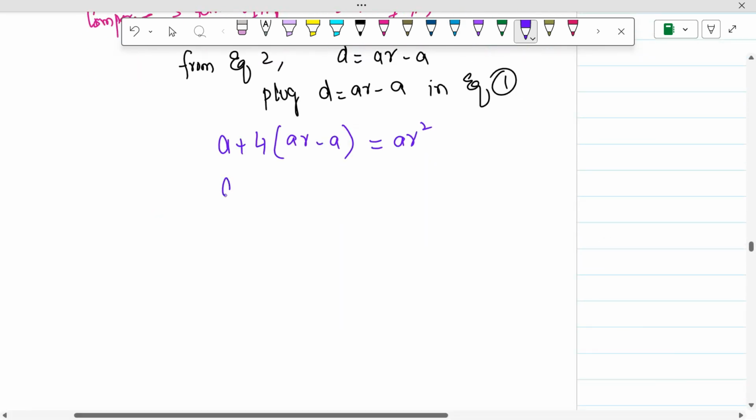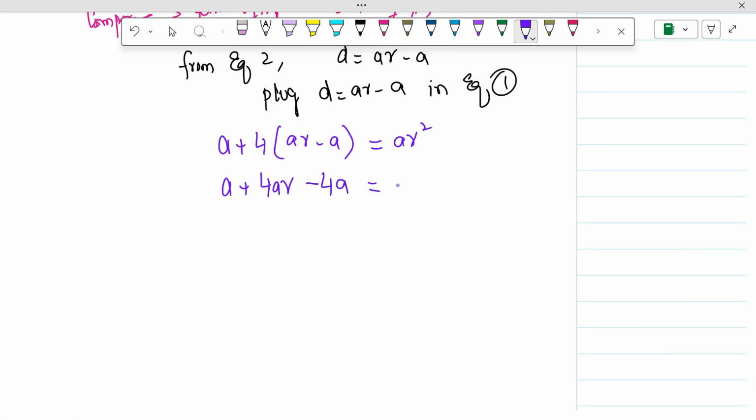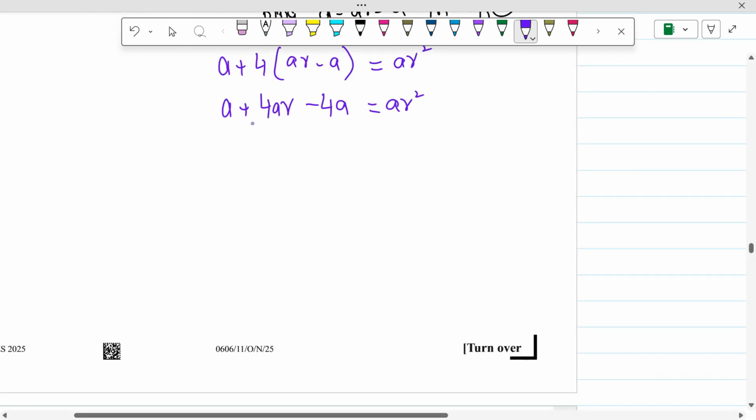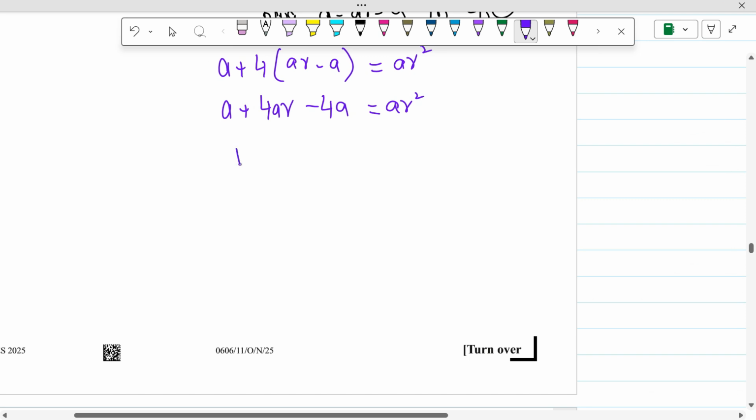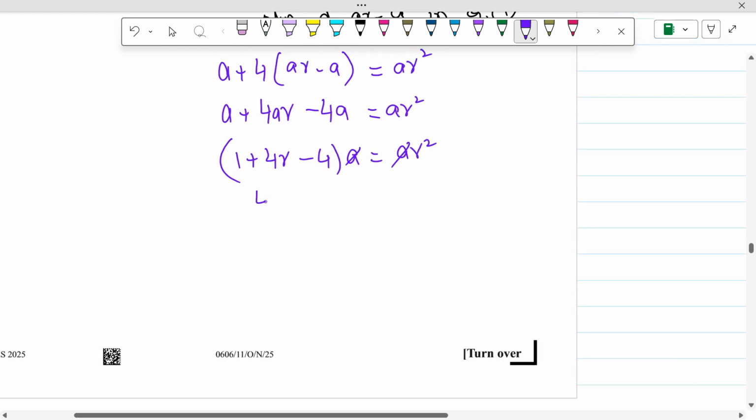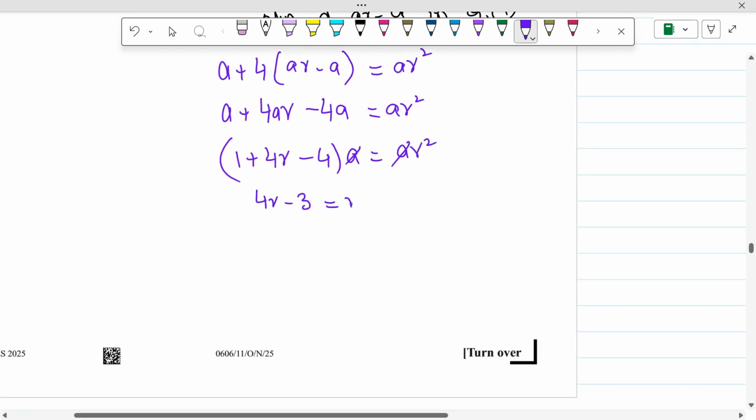Further solving, we have a plus 4ar minus 4a equals ar squared. Taking a common, we have (1 plus 4r minus 4) a is equal to ar squared. So a will cancel out and we have 4r minus 3 equals r squared.